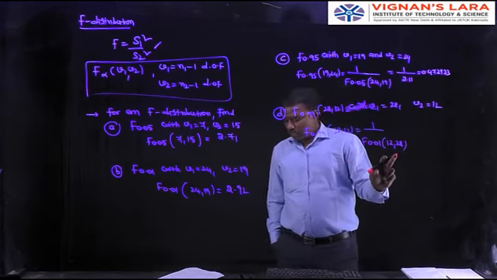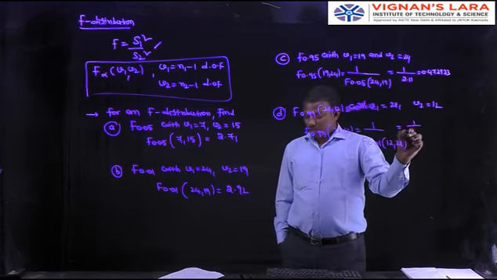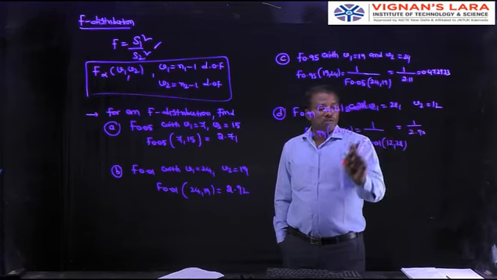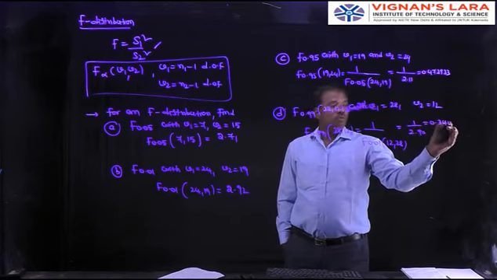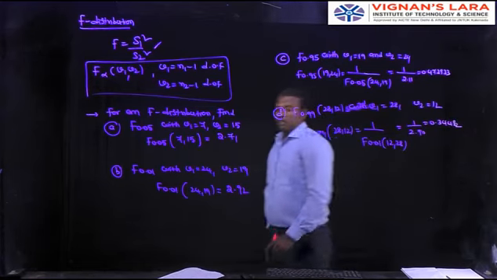From the table, this is 1 by 2.90, and this value is 0.34482. And this is the calculation of it.